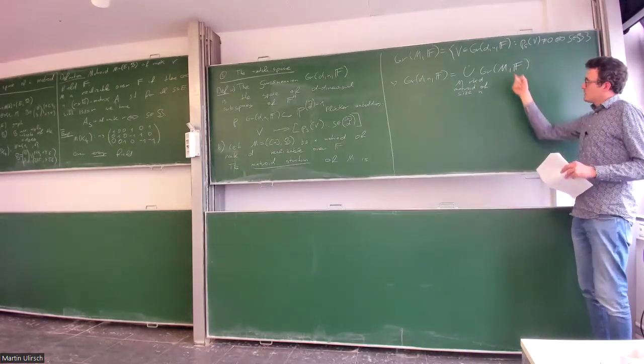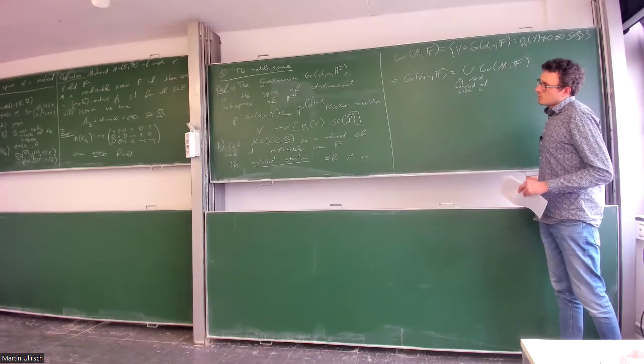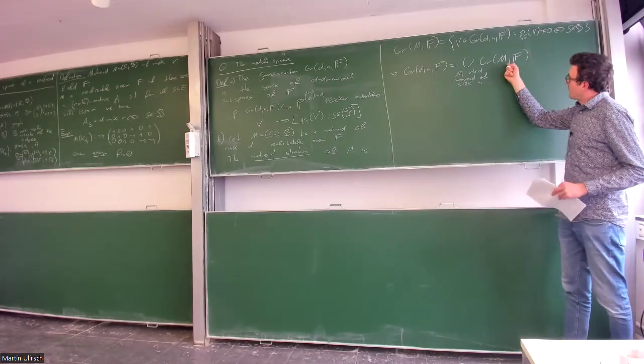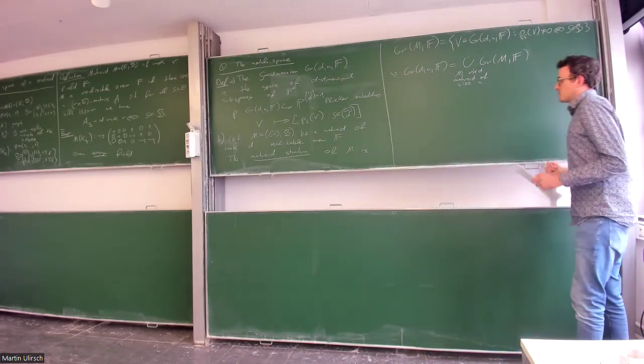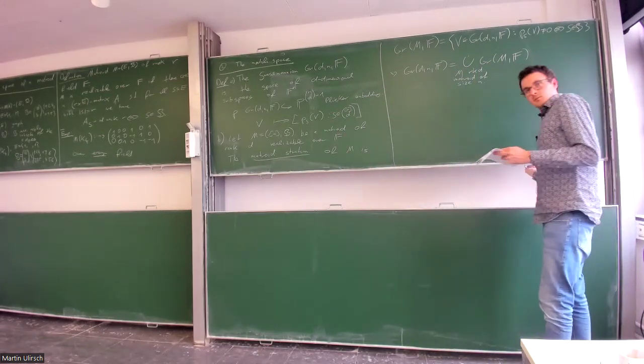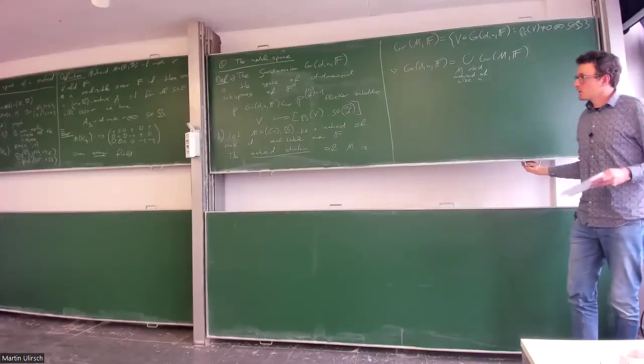The largest piece here is the stratum of the uniform matroid, where all of these Plücker coordinates are non-zero. Feel free to ask questions, of course.